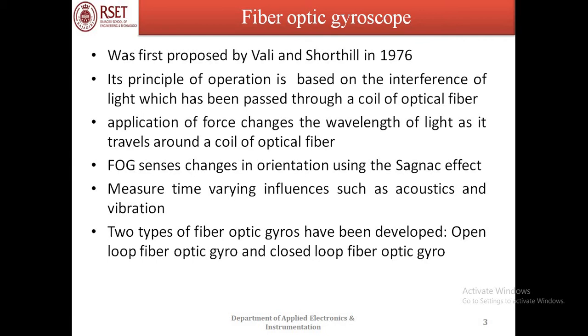It may also be employed to measure time-varying influences such as acoustics and vibration. Basically two types of fiber optic gyros have been developed: open loop fiber optic gyro and closed loop fiber optic gyro. Fiber optic gyroscope senses changes in orientation using the Sagnac effect.